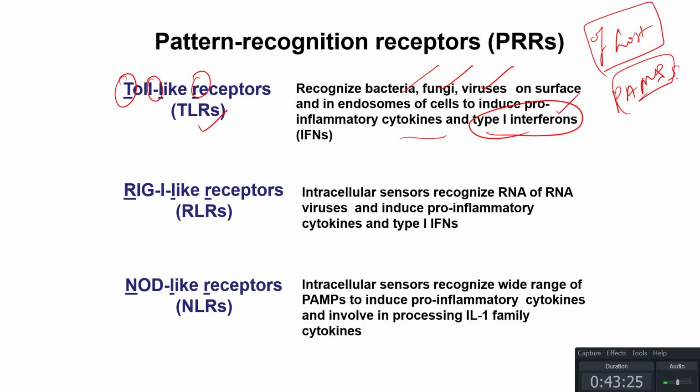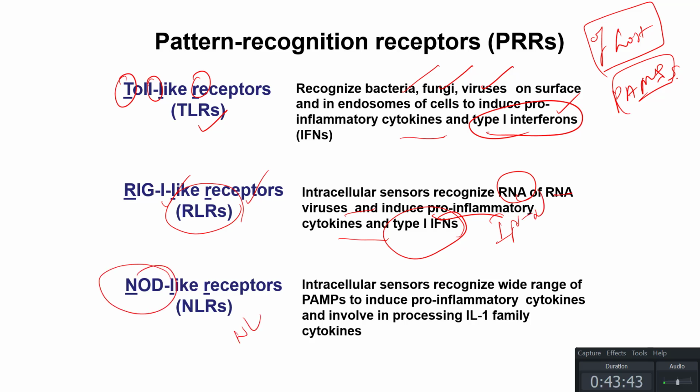There are also retinoic acid inducible gene 1 like receptors, that is RLRs, intracellular sensors that recognize the RNA of RNA viruses and induce pro-inflammatory cytokines and type 1 interferons. And there are NOD-like receptors, called NLRs, intracellular sensors that recognize a wide range of PAMPs to induce pro-inflammatory cytokines and are involved in processing IL-1 family cytokines.